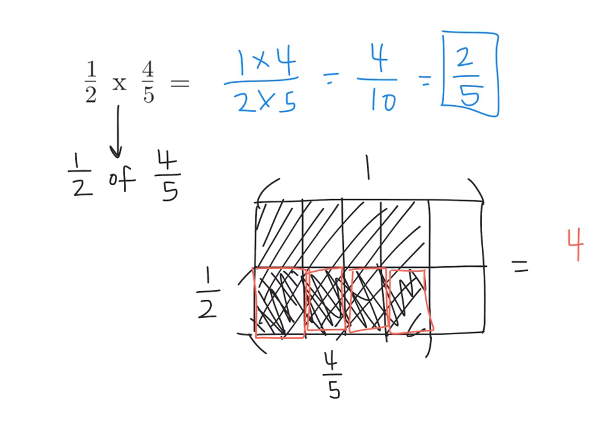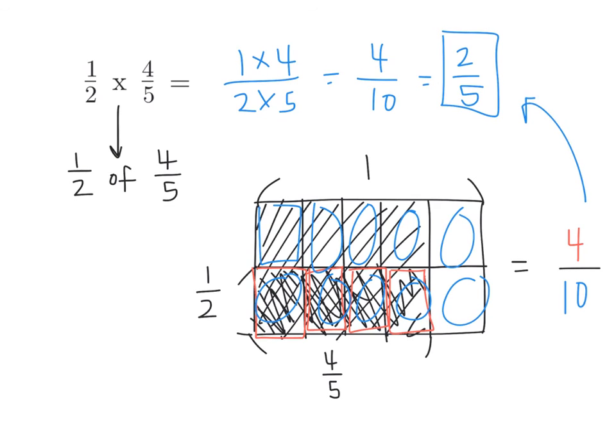Okay, how many total units is it divided into? There's 1, 2, 3, 4, 5, and then 6, 7, 8, 9, 10, right? So the answer is 4/10, which if I simplify it, becomes 2/5. So even if you just see fraction multiplication, you can interpret it as a fraction of another fraction, and then you can and need to draw a rectangular fraction model.